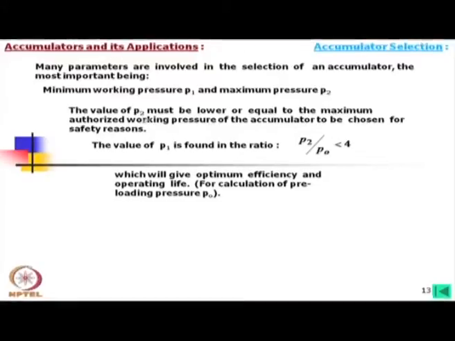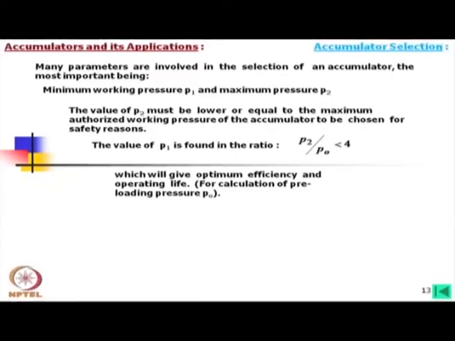Now, as I told you that it is less than, one may think that the charge pressure P 0 should be close to this one, but actually what it means is that if you measure the pressure of the bladder after charging, you may find that the pressure is some P 0 value.